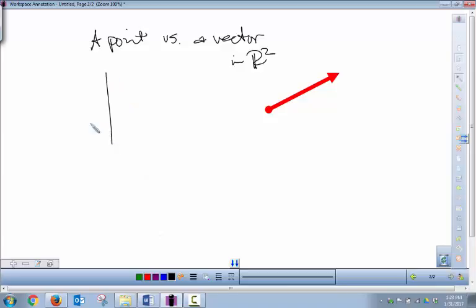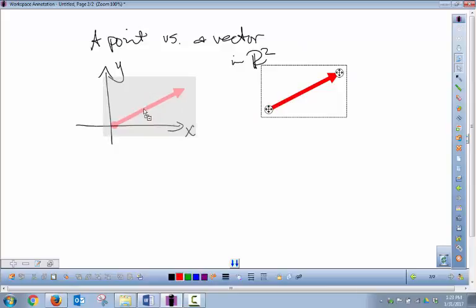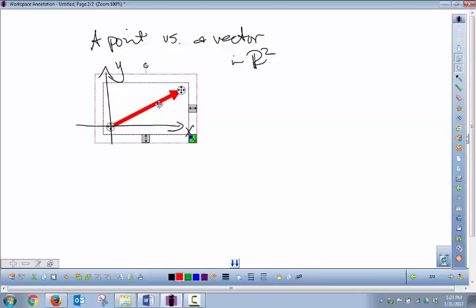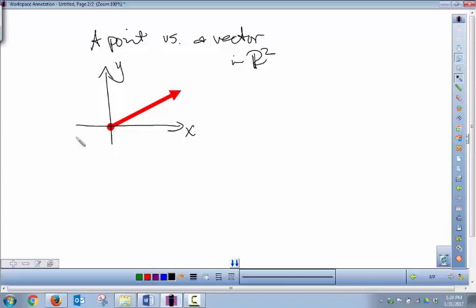So I'm going to draw the XY plane. And I'm going to move that vector so that its tail is at the origin. So now that I've done that, I can look at the head. I know for sure that the tail is at the origin because I put it there.